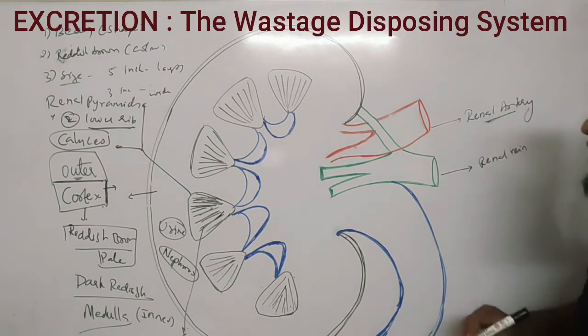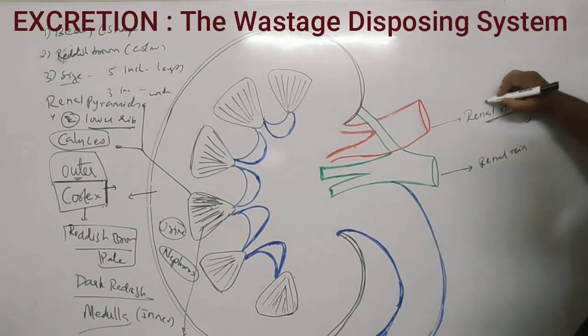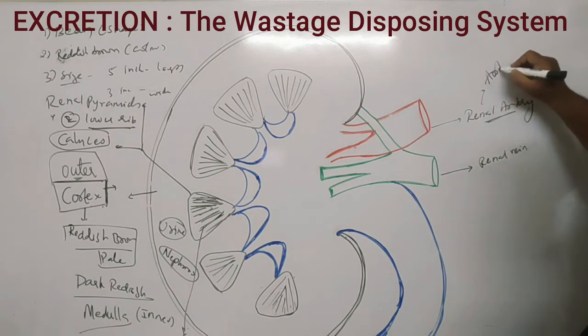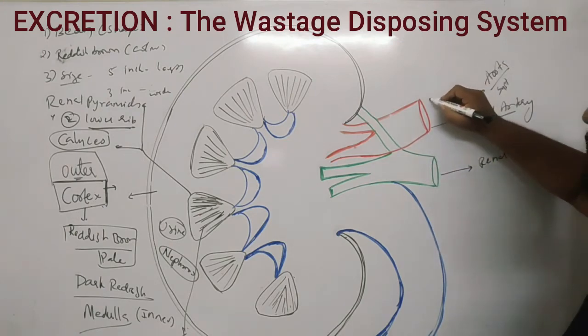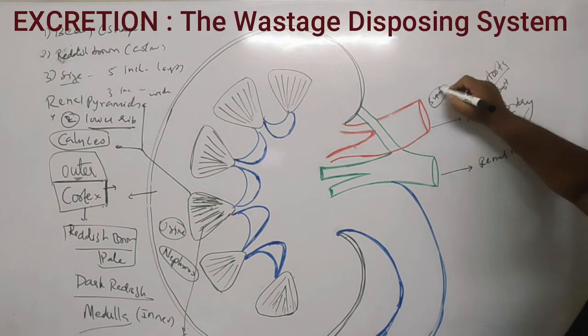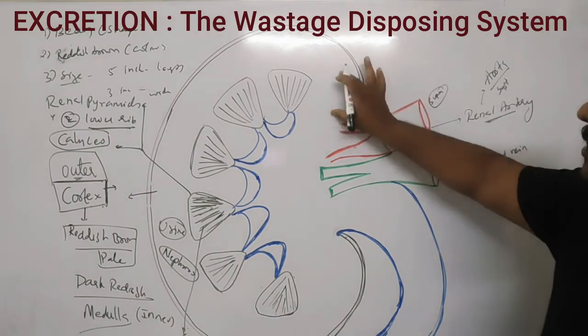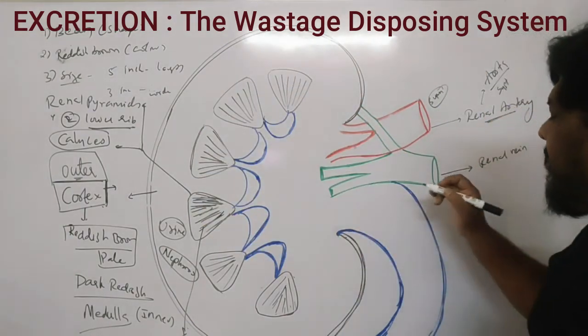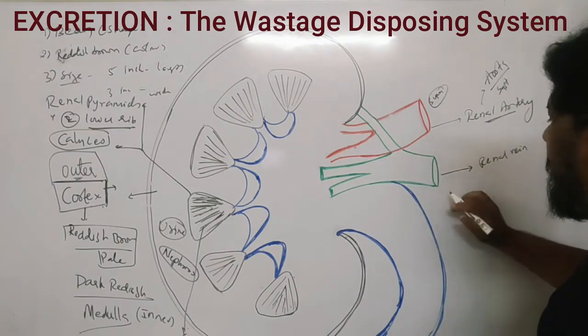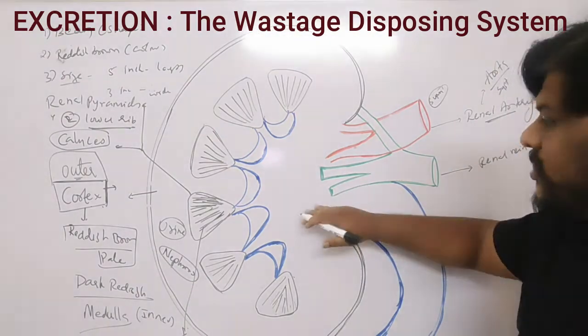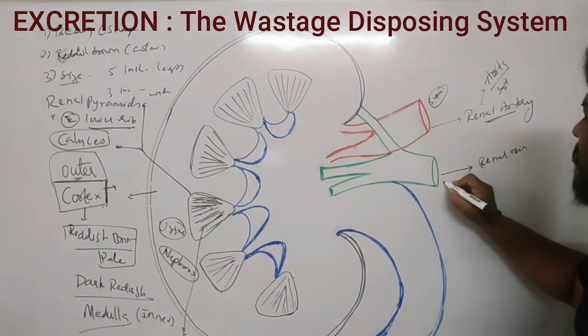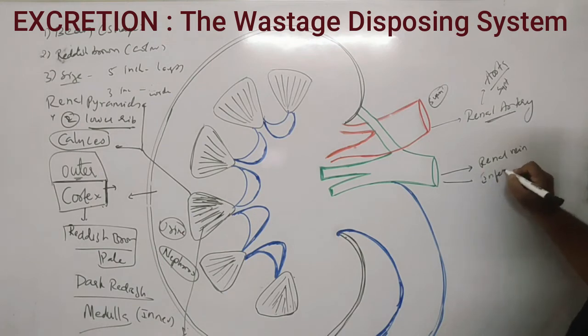The renal artery starts from the systemic aorta, and one of its branches comes to the kidneys and brings the oxygenated blood into the kidneys. Then the renal vein comes out from the kidneys and gets attached to the inferior vena cava.